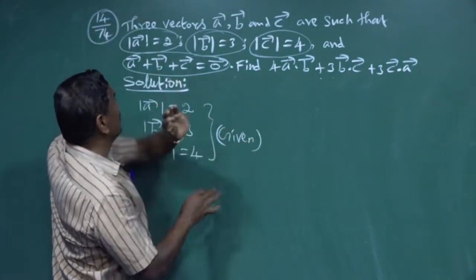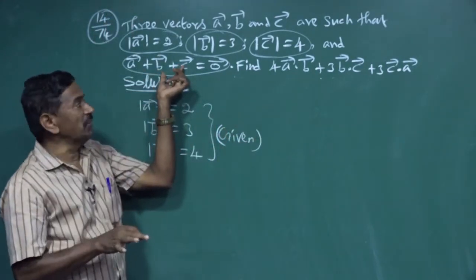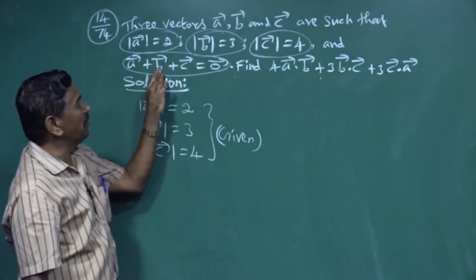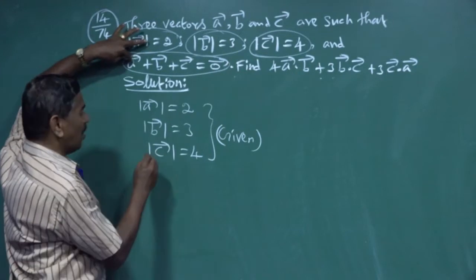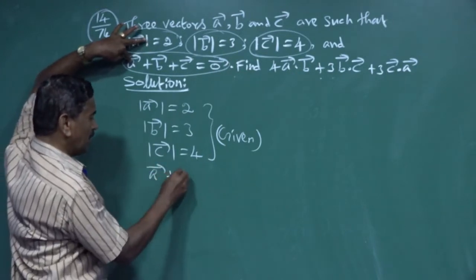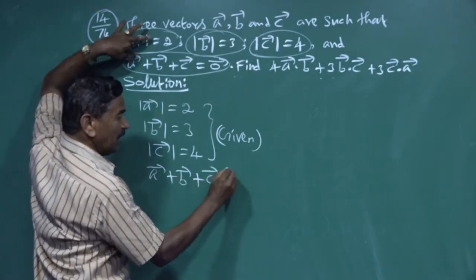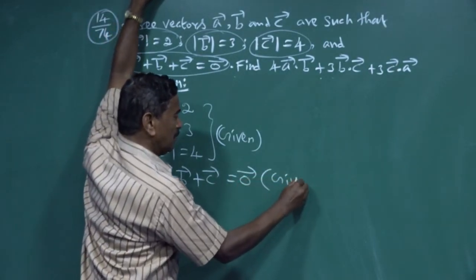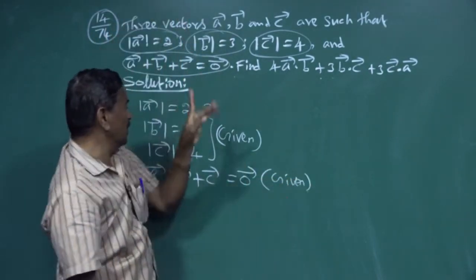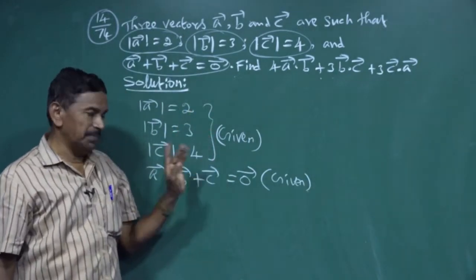Also, one more condition is given: a vector plus b vector plus c vector equals 0 vector. So first data, then second data.